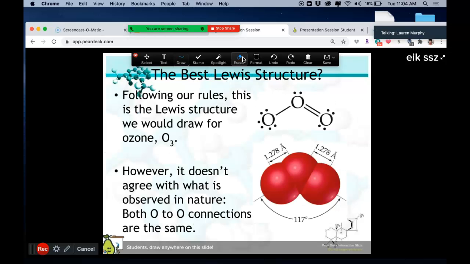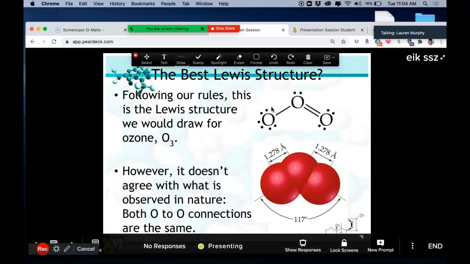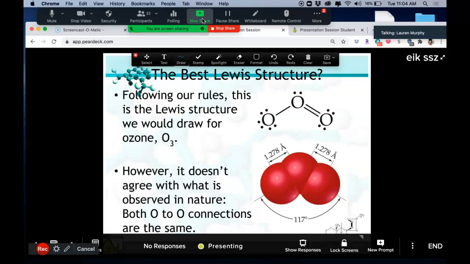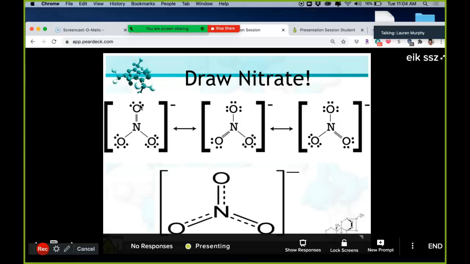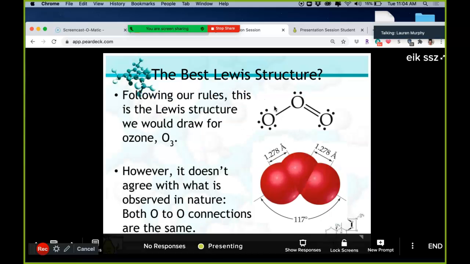So look at ozone. If you were to draw ozone, it could look like this. Okay, so again, those electrons in the double bond are evenly split. So this bond and this bond are identical in length. This is ozone, okay?